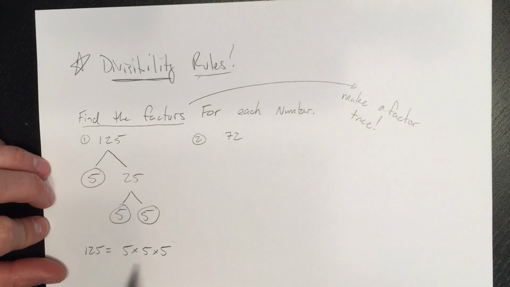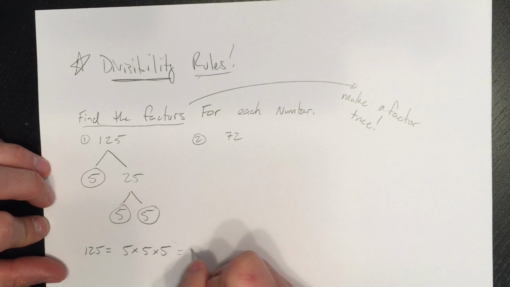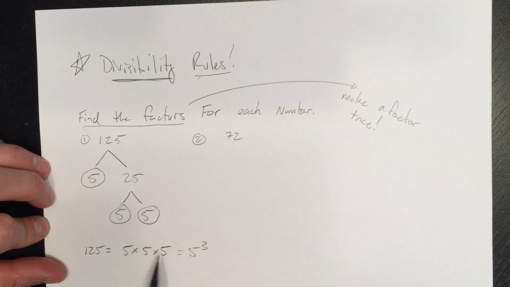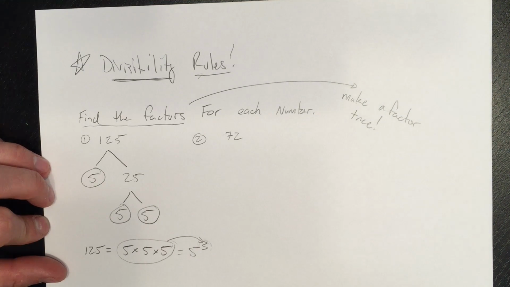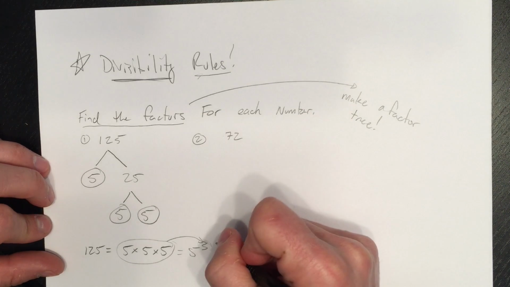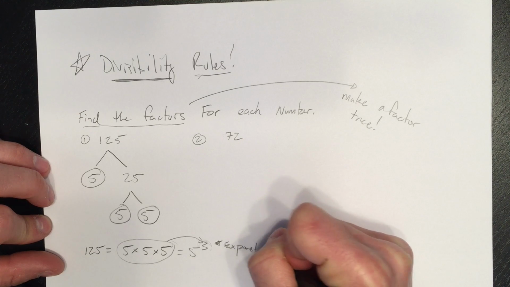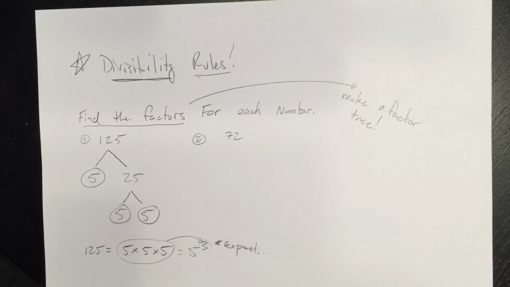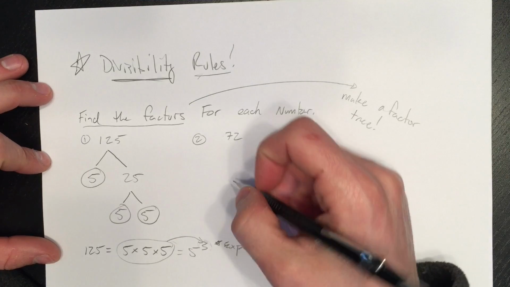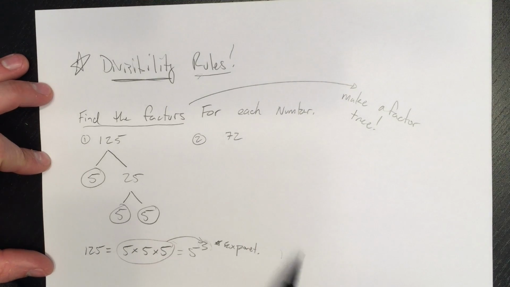What else does that equal? It equals 5 to the third power because we're multiplying 5 three times. So those three 5's get shoved into that little, what's called an exponent, okay? Exponent. We learned that in chapter 1. All right, so this is a full answer for number 1.